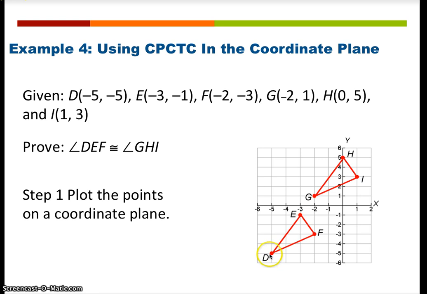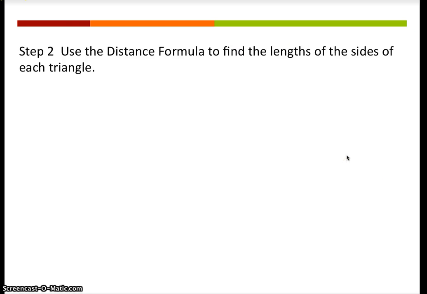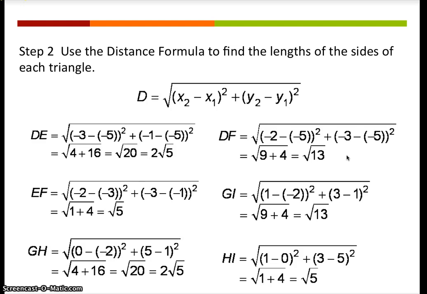So I'm going to use the distance formula to find all three sides of one triangle and see if they're equal to all three sides of the other triangle. So do you remember the distance formula? This is the one with the big square root. We're going to have to do the distance formula 6 times: 3 sides for one triangle and 3 sides for the other.